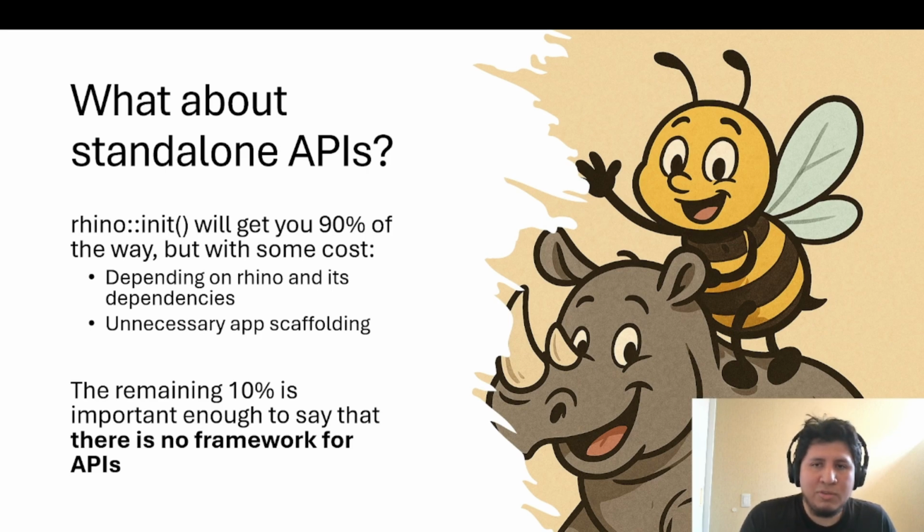Also, you will get some app scaffolding that will not be useful for you if you are developing just a standalone API. So while this gets you 90% of the way, then you have to manually add some extra things. So I will say that this remaining 10% is important enough to say that we don't have a framework for APIs. So hopefully this was all clear.